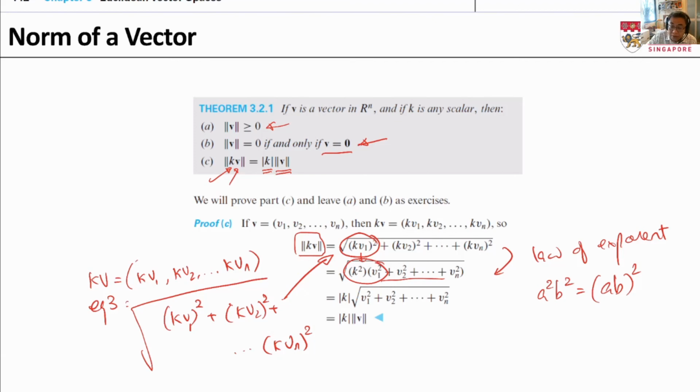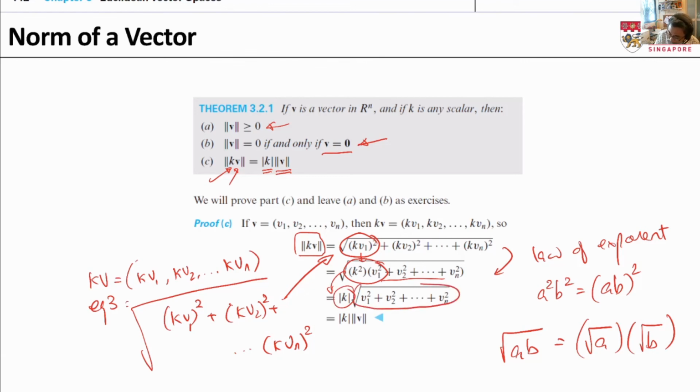And again, using the law of exponent, that is, the square root of ab is equal to the square root of a multiplied by the square root of b, we can extract k square out, and applying the square root will give the absolute value of k.